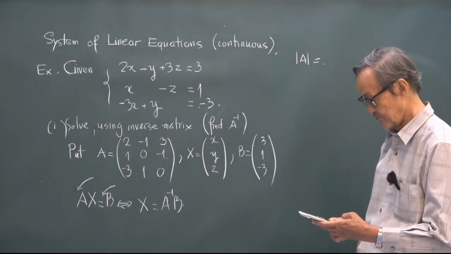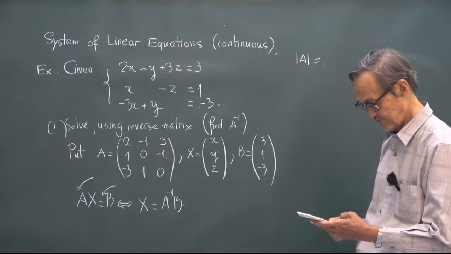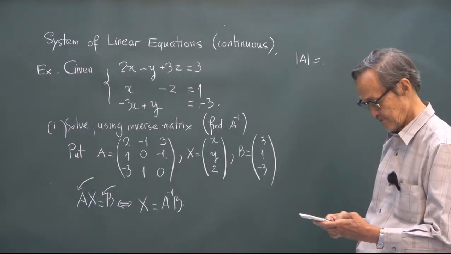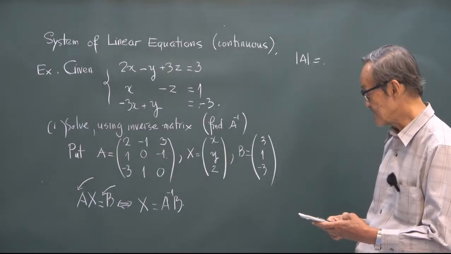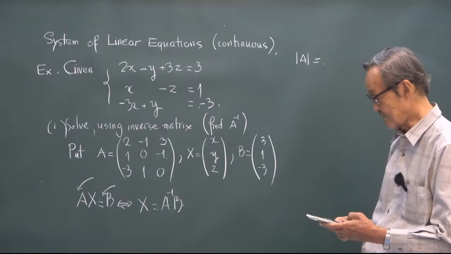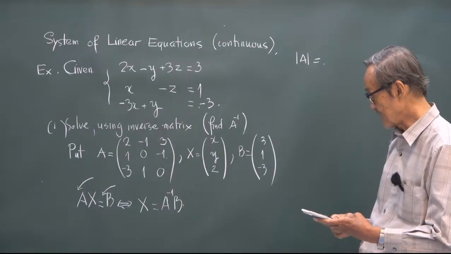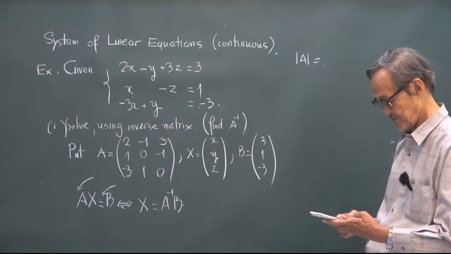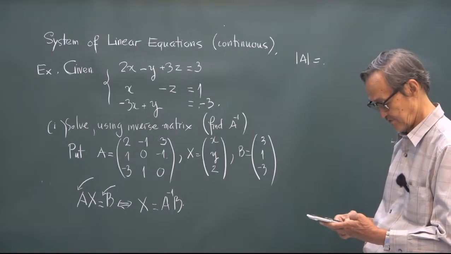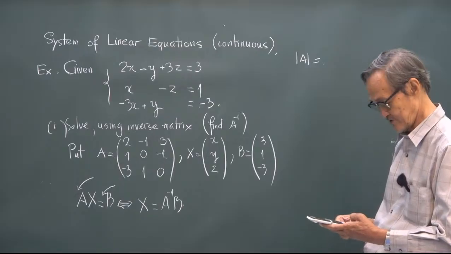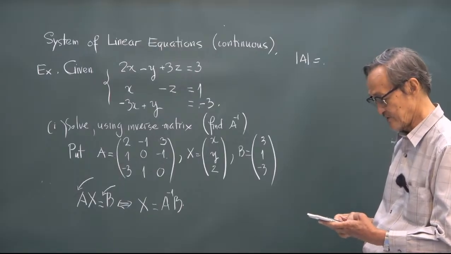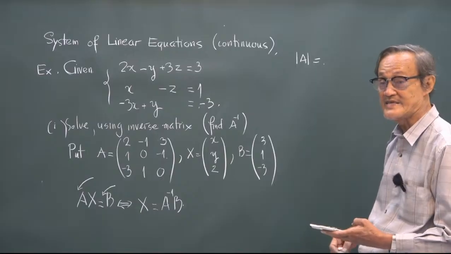Enter 2 from the left to the right, equals minus 1 equals 3 equals 1 equals 0 equals minus 1 equals minus 3 equals 1 equals 0 equals AC.